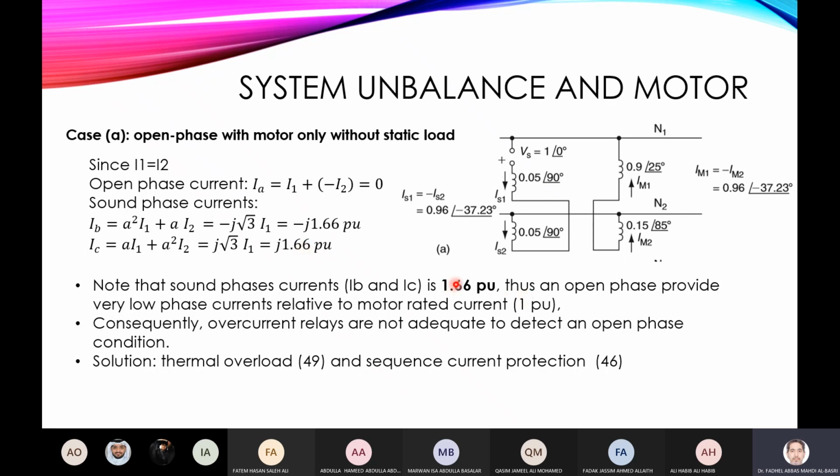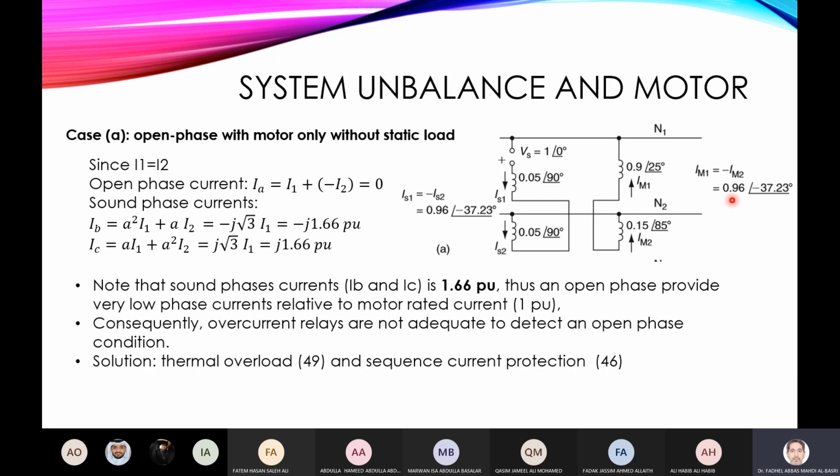Okay, for better sensitivity, instead of using an overcurrent protection, we will use sequence current detection principles. Now, if I look at the sequence current, the negative sequence current is 0.9, almost 1 per unit. But in normal operating conditions, the negative sequence current should not be there.